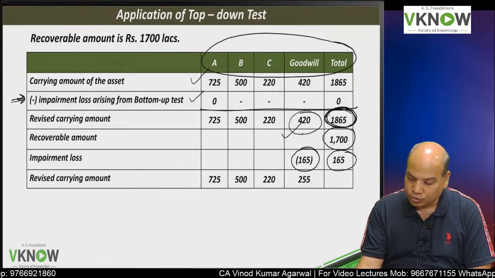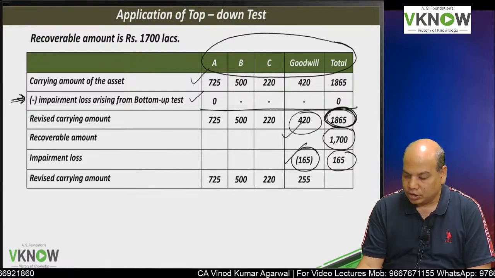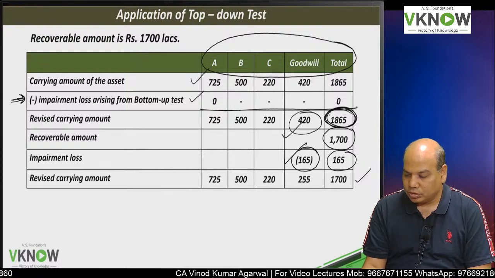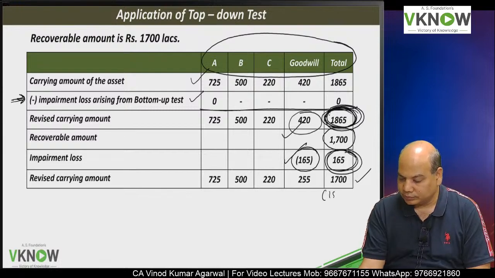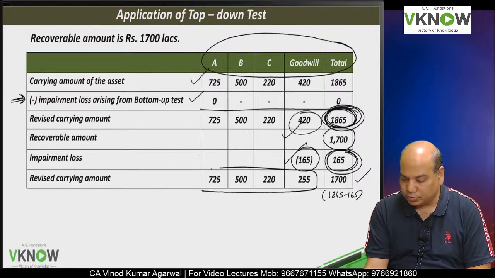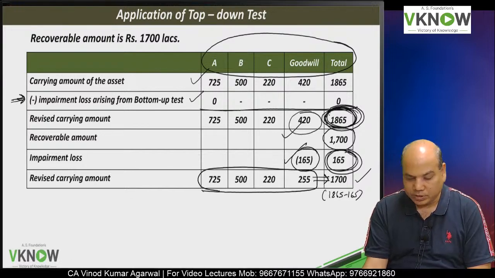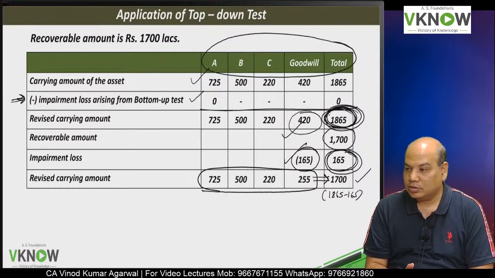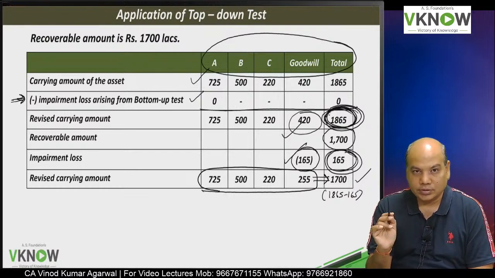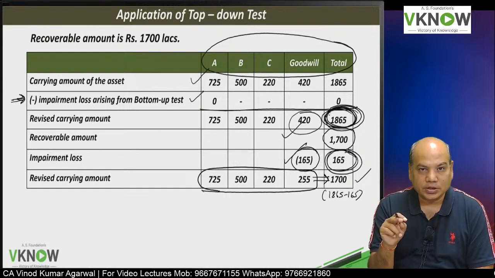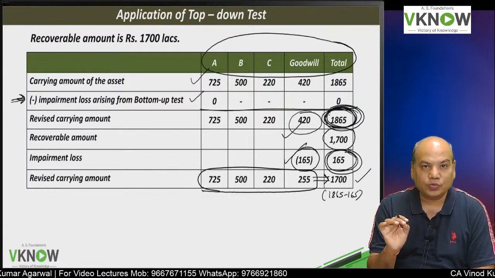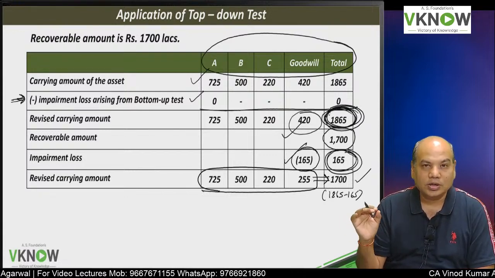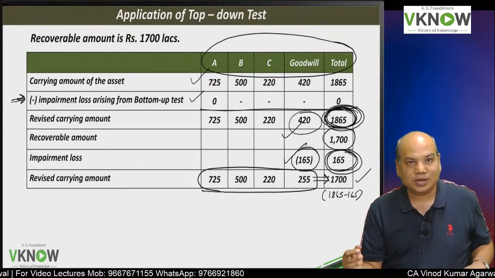Check: 420 minus 165, and the total will be 1865 minus 165, or you can take the total of these 4 numbers, that will be equal to 1700. So this is called the top down test. First apply the bottom up test without allocating goodwill and then apply the top down test if goodwill cannot be allocated on a reasonable and consistent basis.